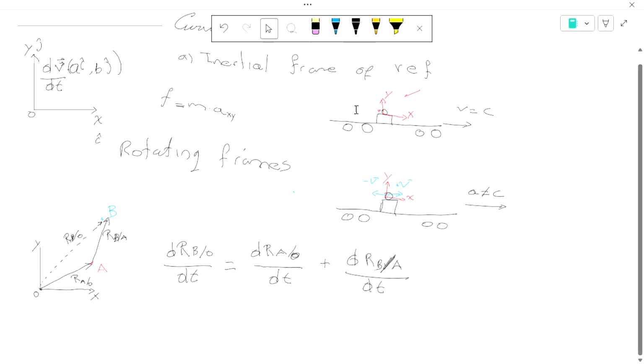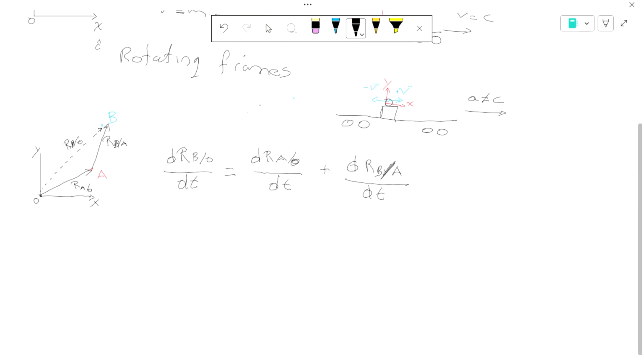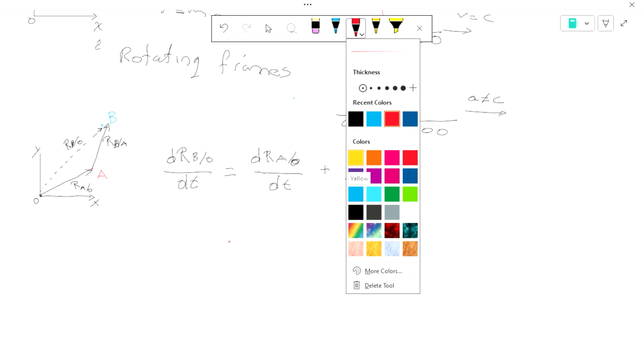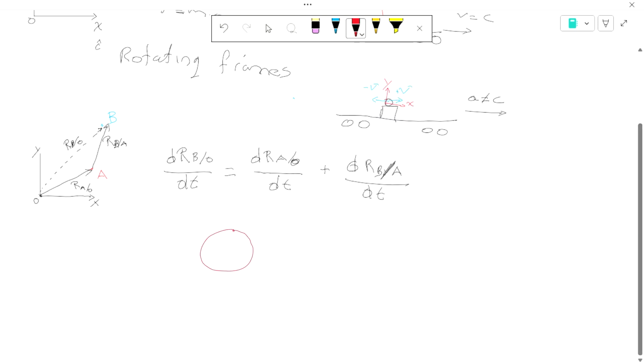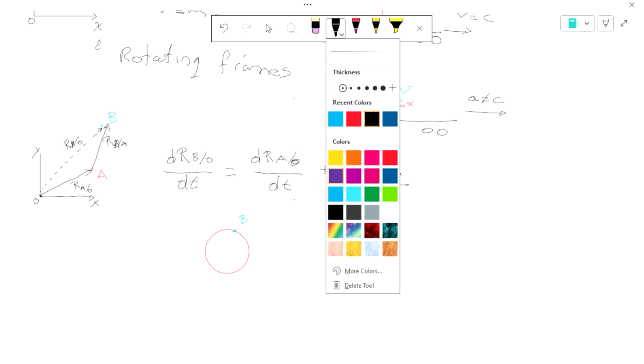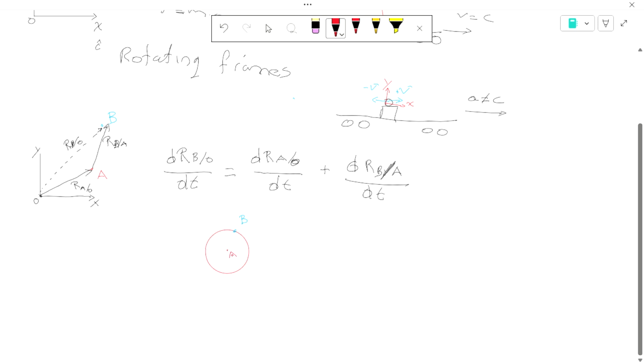All right, so now let's introduce the rotating frame concept. So let's assume that we have an orbit that is completely spherical or circular. Okay, and then we have our point B right here. And at the center, we're going to have our point A. Let's say that's the center.